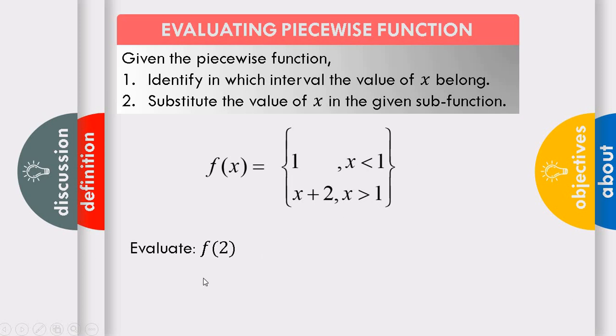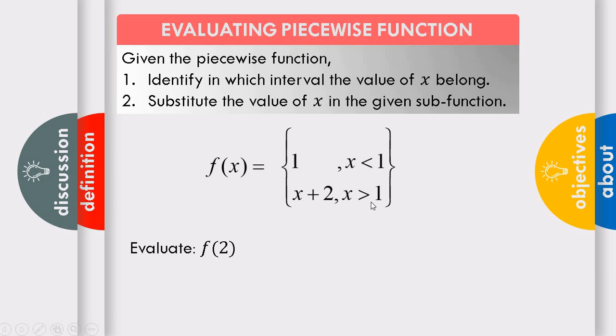So we need to evaluate f of 2. In evaluating this one, we need to look at the interval. Since we need to evaluate 2 in the piecewise function, we need to choose in the two subfunctions where 2 does belong. Is 2 less than 1? It is not.